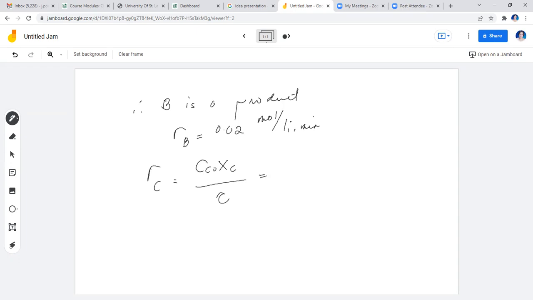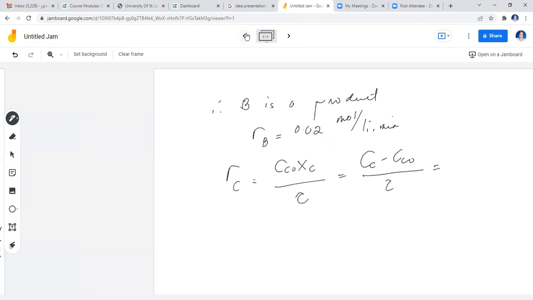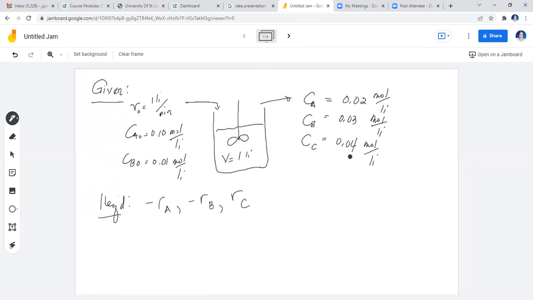It is an assumption that it is a product. So then we will have a different formula in the numerator. The final amount of C minus the initial amount is the amount that was formed. So divided by tau. So the final amount of C is 0.04, and we don't have any C here.